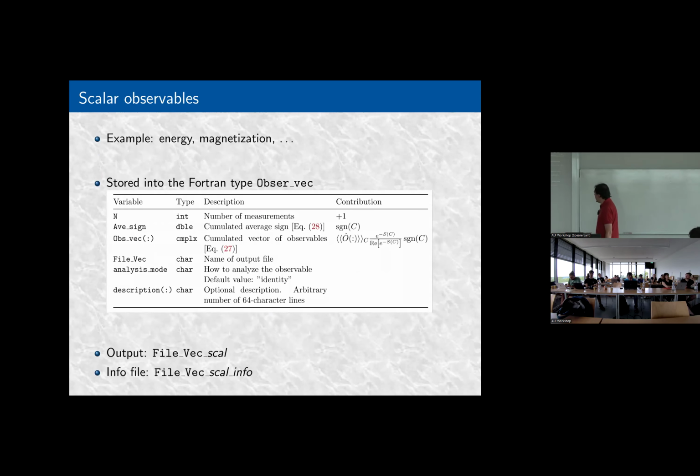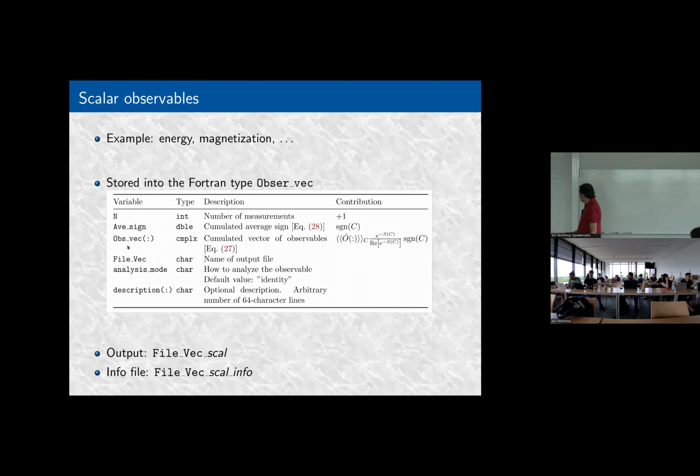These scalar observables are stored in a Fortran type, which we define inside the ALF. It's called Obser_Vec. This is a type which holds the various information about the observables, in particular the number of measurements that has been done. That is useful for computing eventually the average. The average sign, the one that you use for reweighting in case the model has a sign problem.